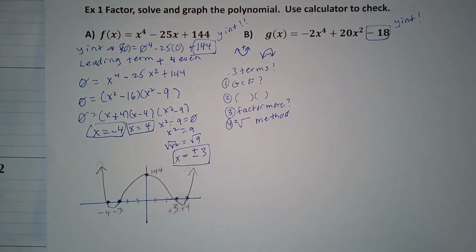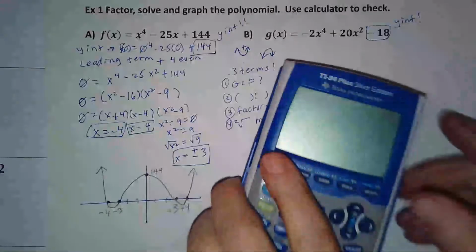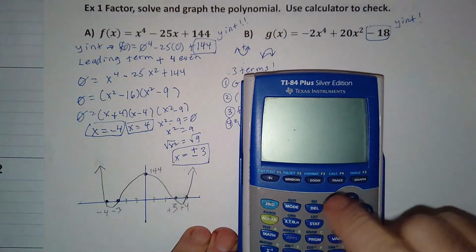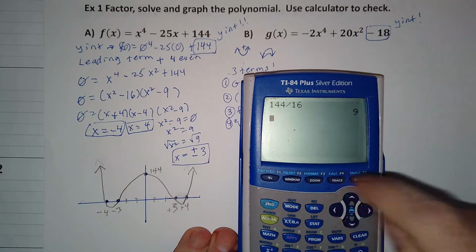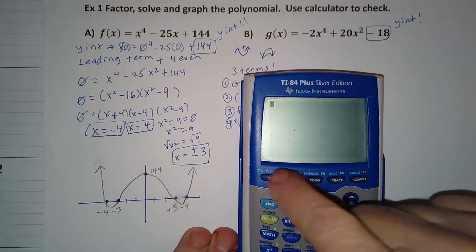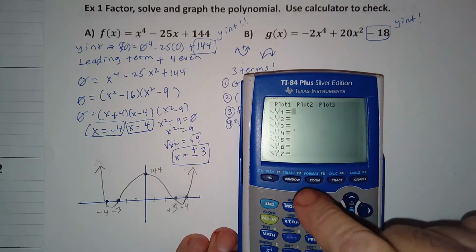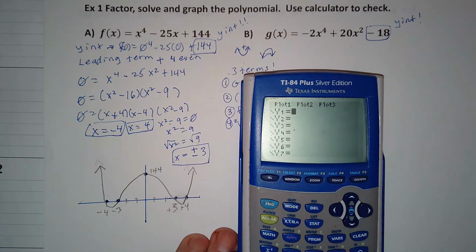Now let's very quickly look at it on your graphing calculator. So I'm going to go ahead and type in, let's clear this, I'm going to type in the y equals spot the equation. So let's see, x caret 4 minus 25x plus 144.